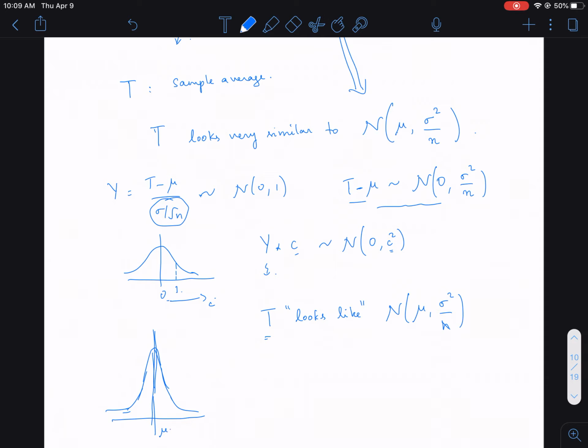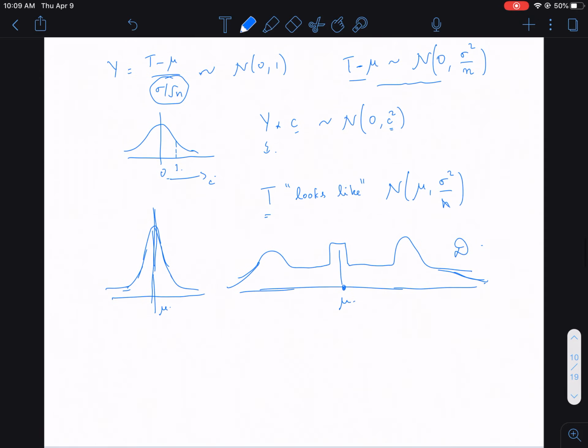So your original distribution could have been very biased, it could be something like this, and maybe its mean was this point. So this was d, and now you take many samples from d and you average them, and this is t, which is equal to x1 plus x2 and so on, averaged.